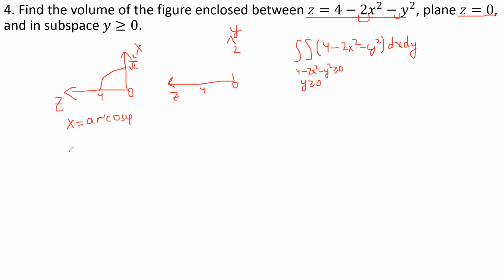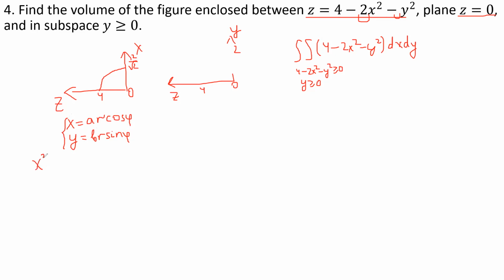x is A r cosine phi, and y is B r sine of phi. So this substitution, if you have an ellipse using x and y, you can easily build this. So what is A, what is B for our problem?